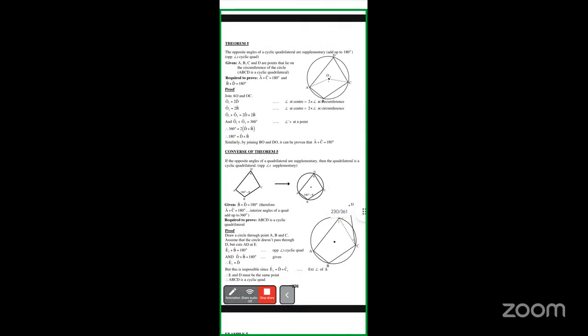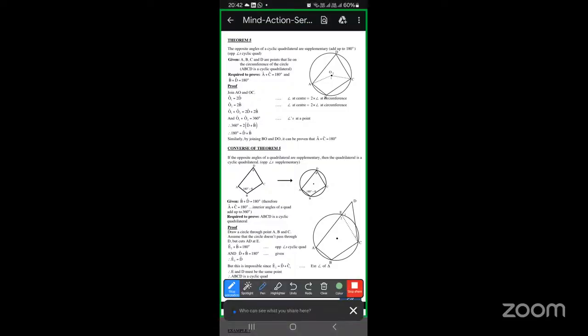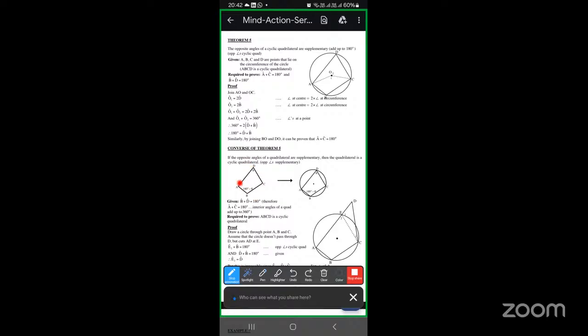Then you can move to the converse of that theorem, because sometimes you are just given a quadrilateral, just like maybe they did in this case. They give us a quadrilateral here, and then they say to you, show that this quadrilateral is a cyclic quad. What are you going to do?